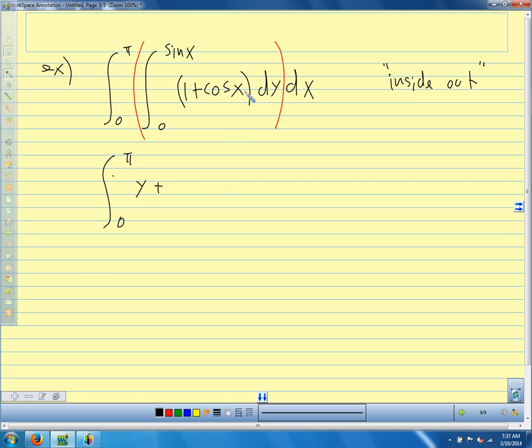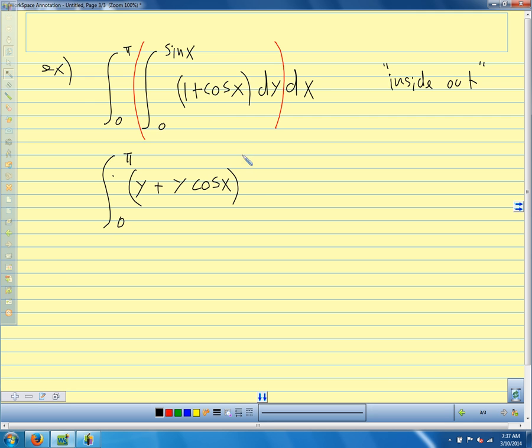What would be the integral of 2 dy? 2y, right? So it's not cosine xy, it's just y cosine x. Cosine x is just a constant with respect to y. And we're evaluating that. All right, everybody see that? Cosine x is constant with respect to y. That's just a number.